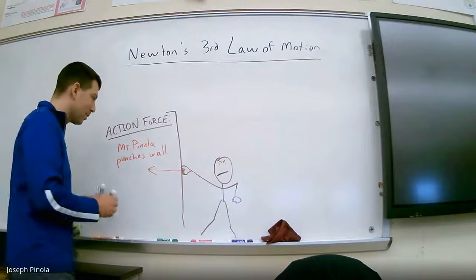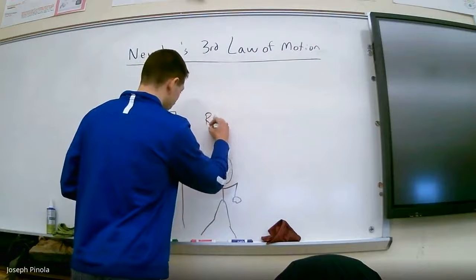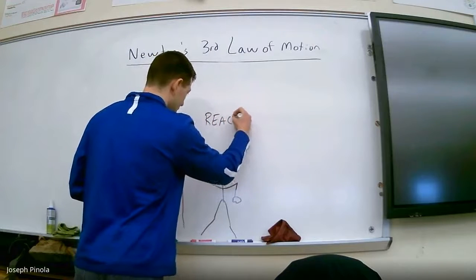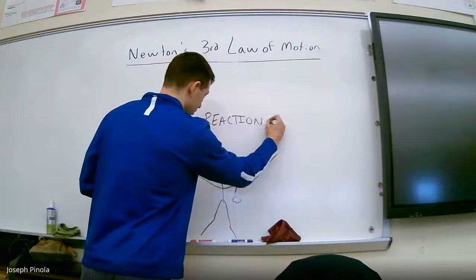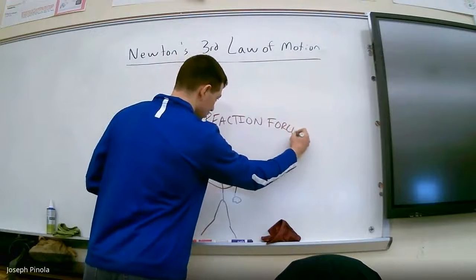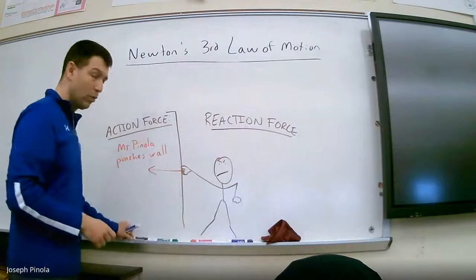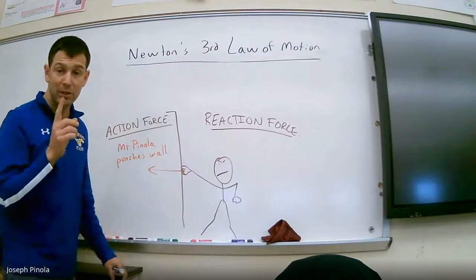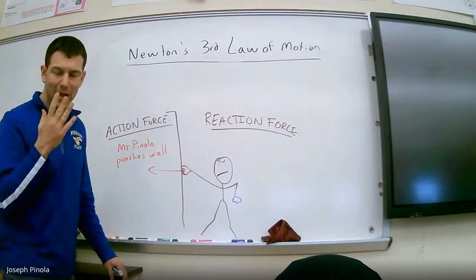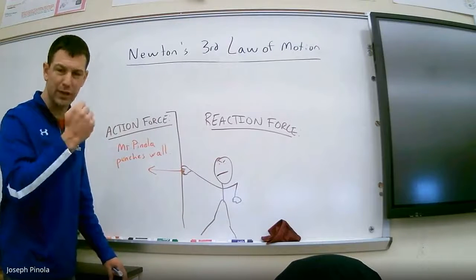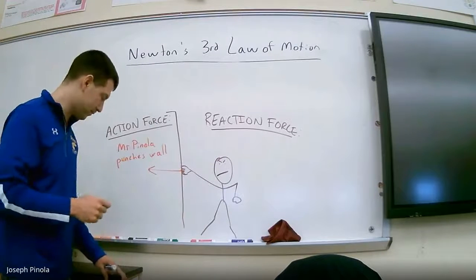So I am going to now draw a reaction force, which is going to go in the opposite direction, but have the same magnitude or strength as my action force.